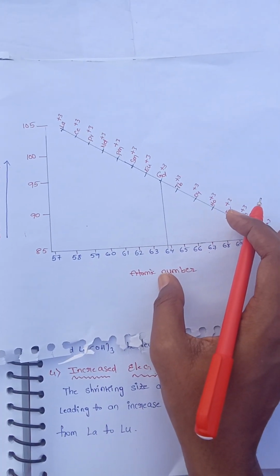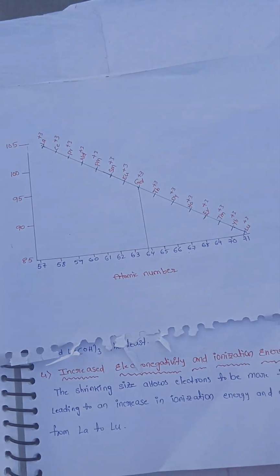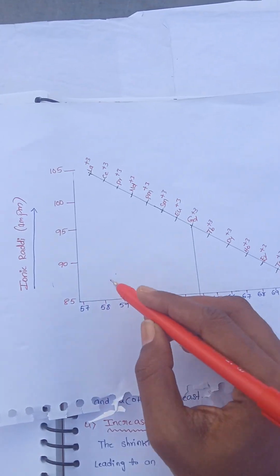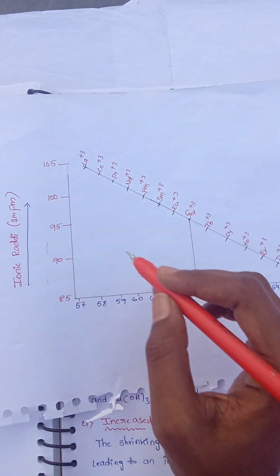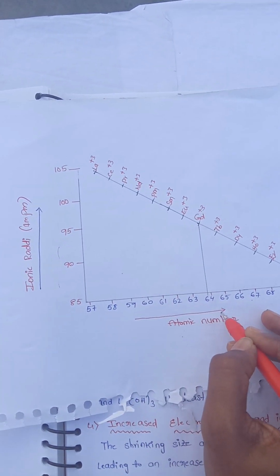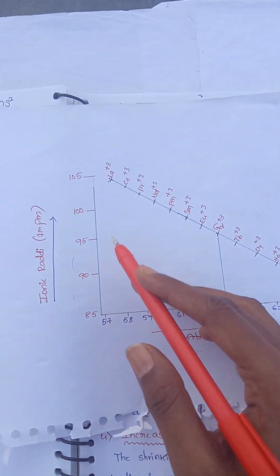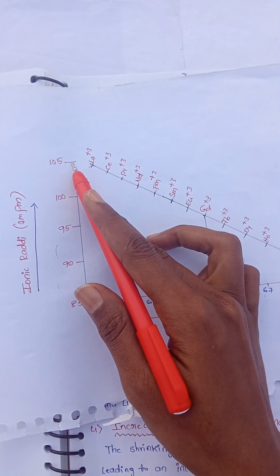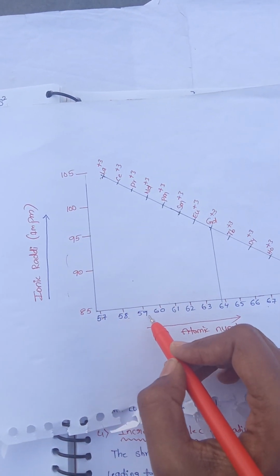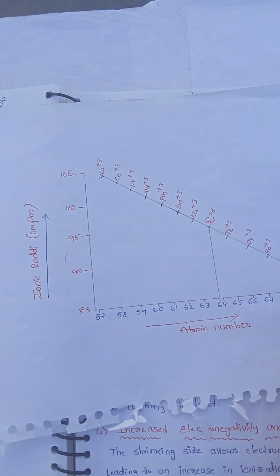So what I am telling here is that as 4f electrons increase, here is the ionic radii and this is the atomic number. When atomic number increases, ionic radii decreases. See here, 57 lanthanum means 105. Atomic numbers 57, 58, 59, 60, 61, up to 71.